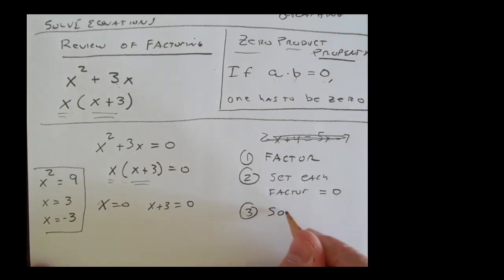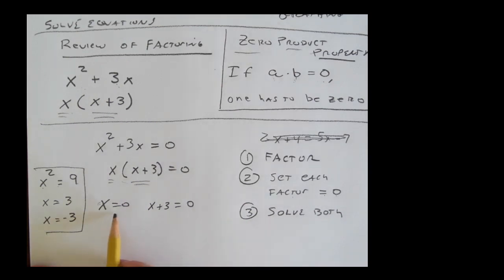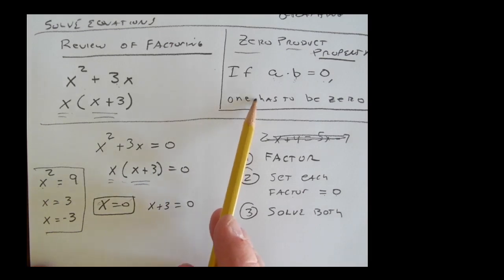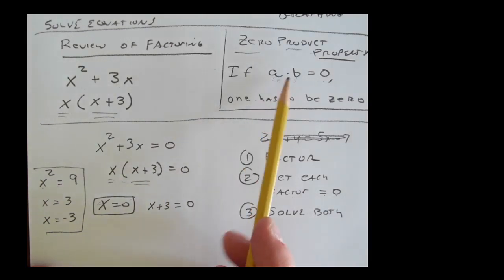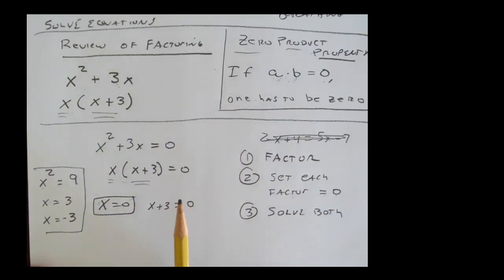Step 3, solve both. Well, x equals 0. We don't have to solve that. Please don't think that all the time you'll get an answer of 0. Just because up here one of them is equal to 0, that only means we set the factor equal to 0.